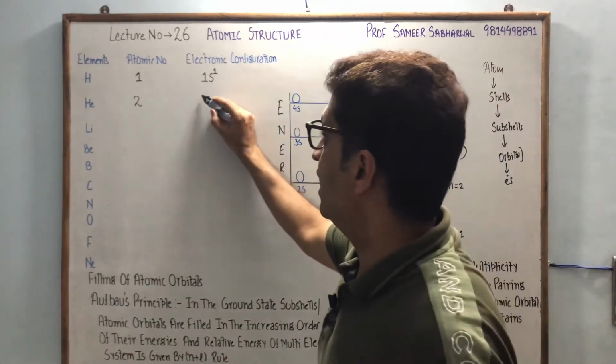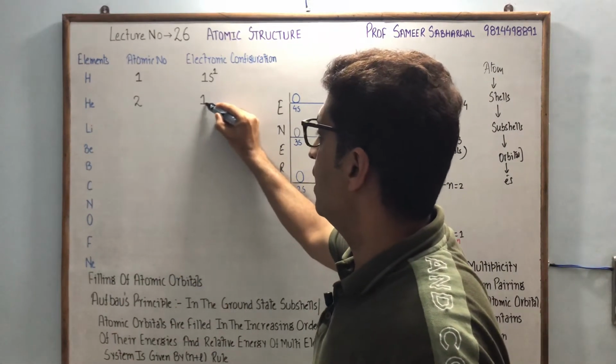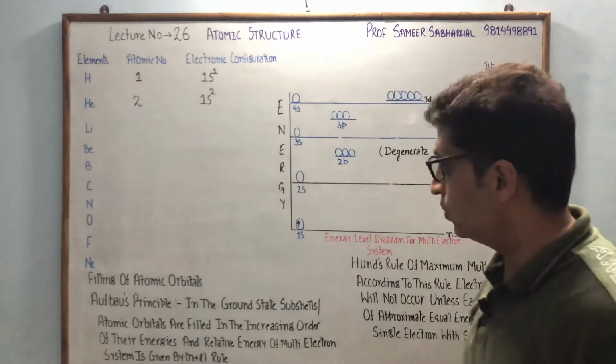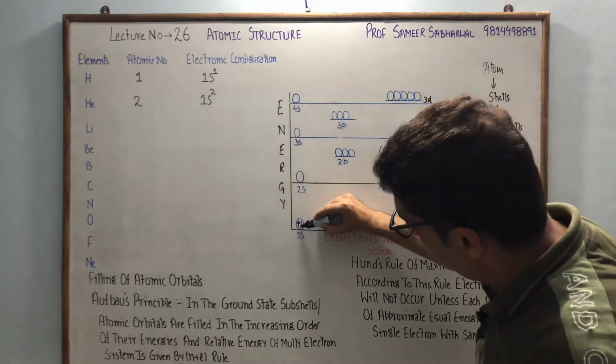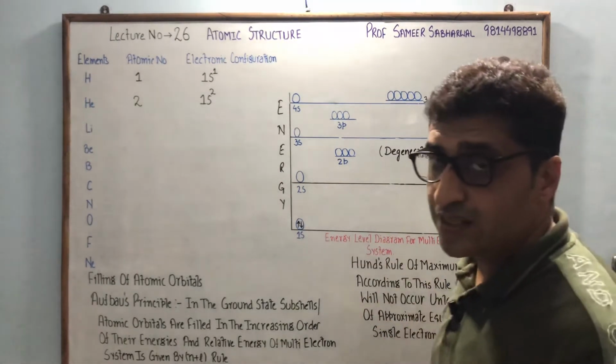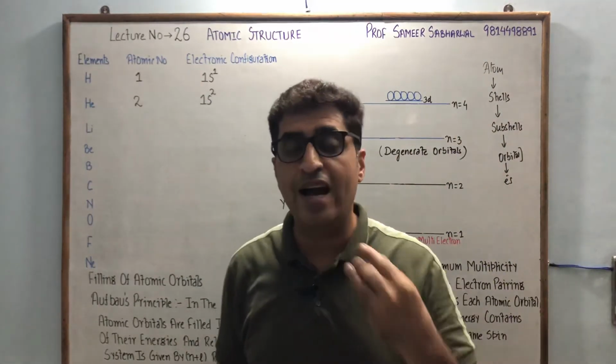So I can write this as 1s2. First spin is clockwise by convention, second is anti-clockwise.